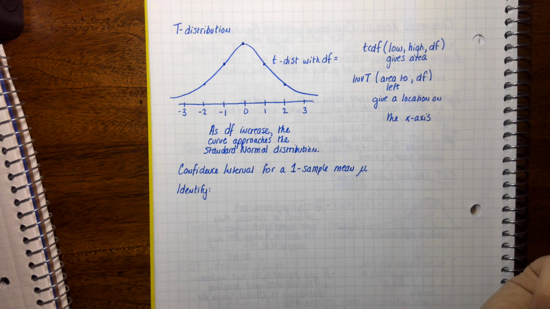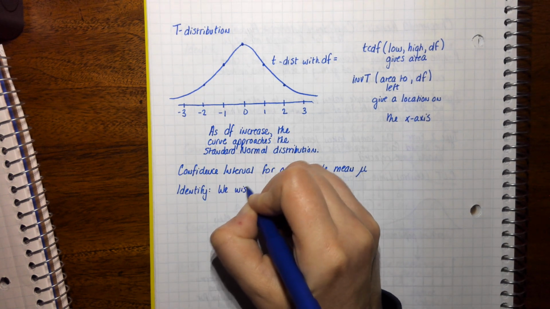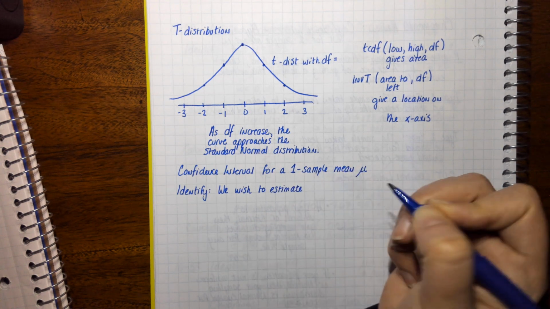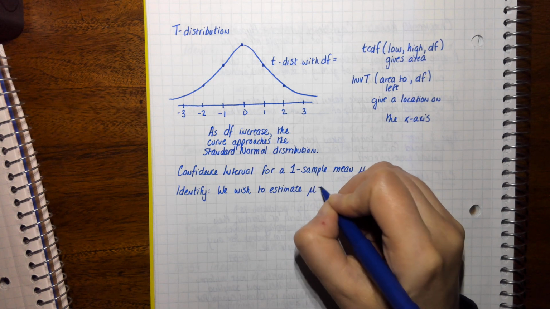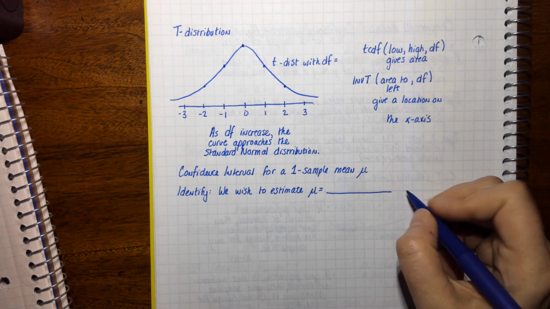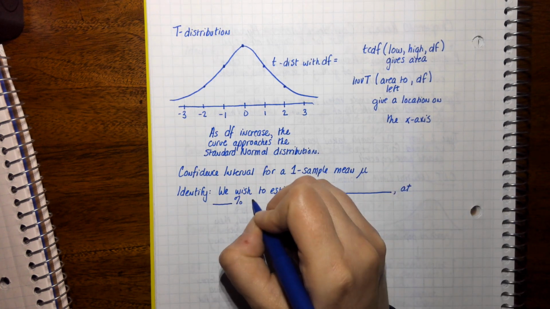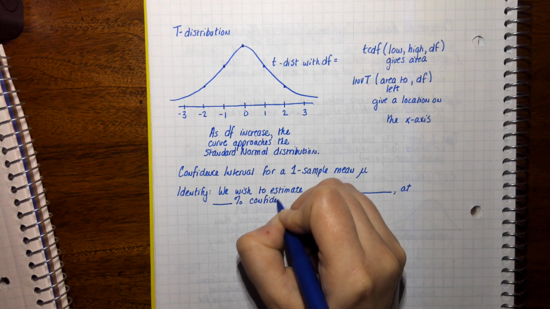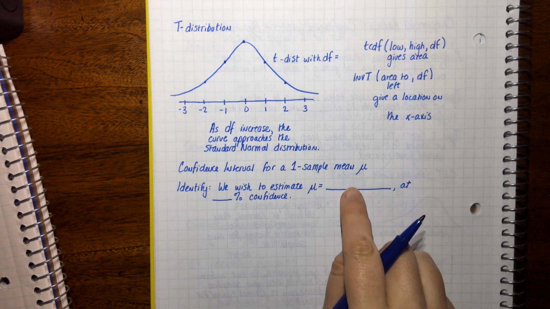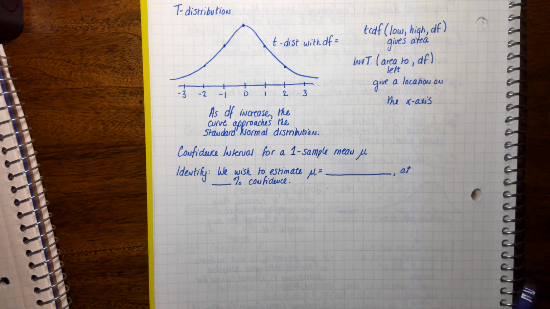Identify: we wish to estimate mu equals, and then you have some kind of context, at some kind of confidence level. We wish to estimate mu equals the mean minutes of Miss Side's videos at blank percent confidence.